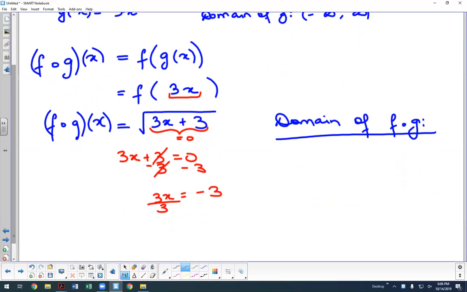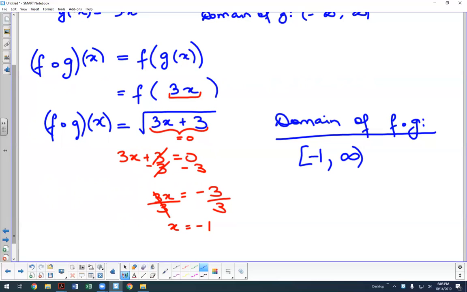Divide by 3 to get the x. We get -1, right? So when I put -1 in for my x, -1 times 3 becomes -3. -3 plus 3 will become 0, right? Which means our domain starts at -1 and goes towards positive infinity.